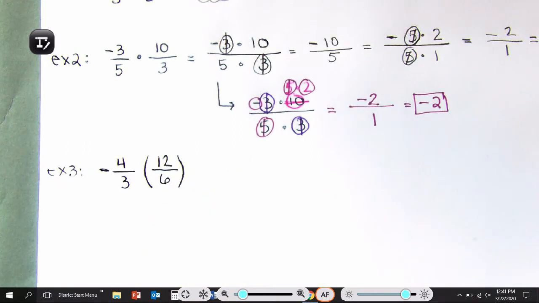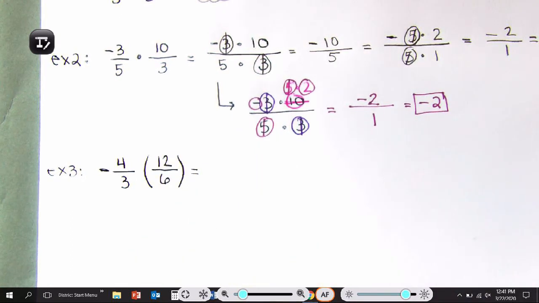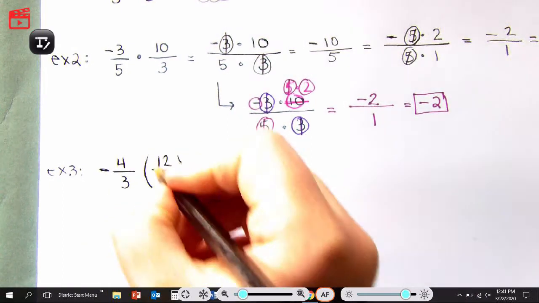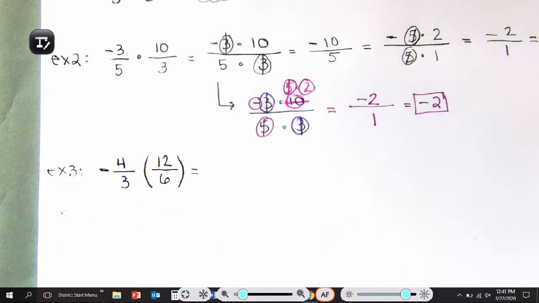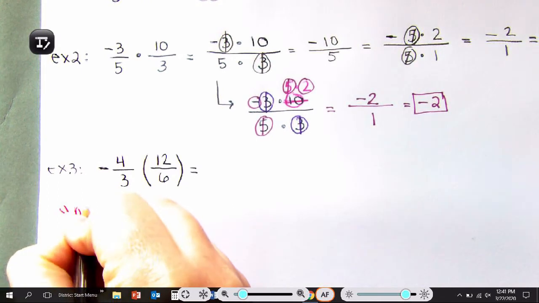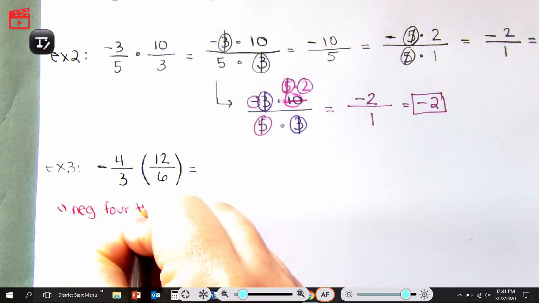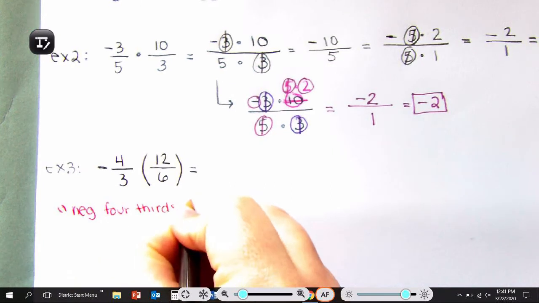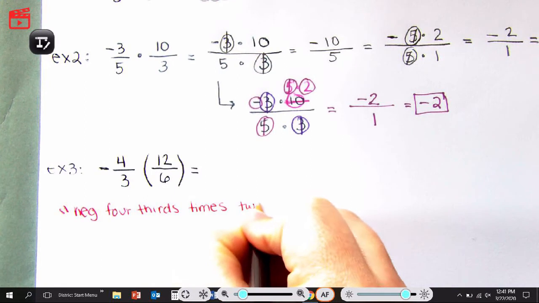That has not been simplified for us. So this here is also multiplication. Don't let the parentheses scare you. This means negative 4 thirds times 12/6.